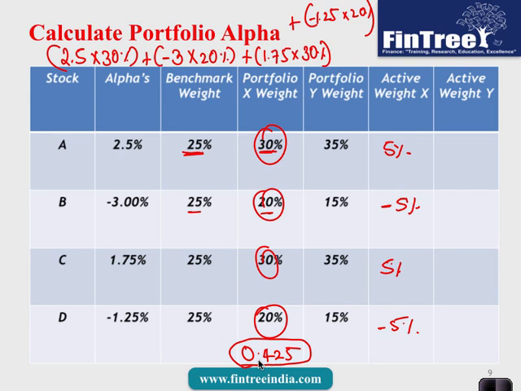Okay. Now the same alpha we can also calculate, instead of using total weights, by just using the active weights. The answer would be the same. So let us experiment and see if it fetches us the results. In this case, your active weight is 5.